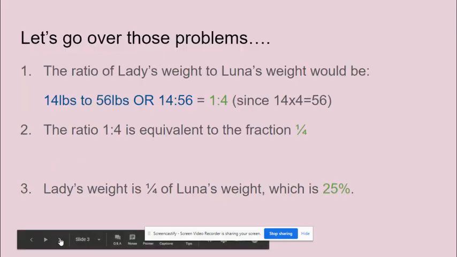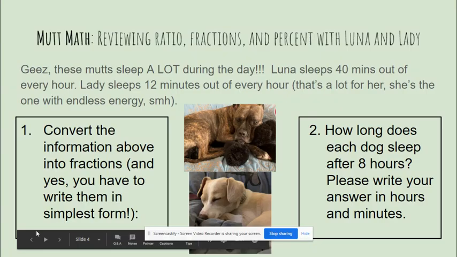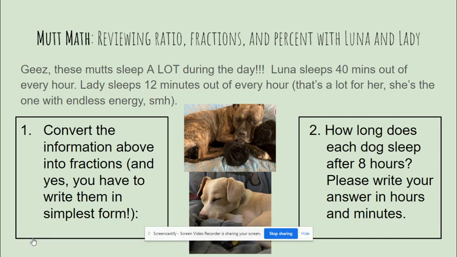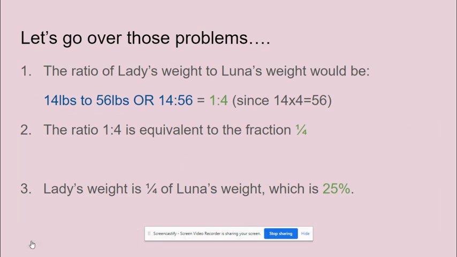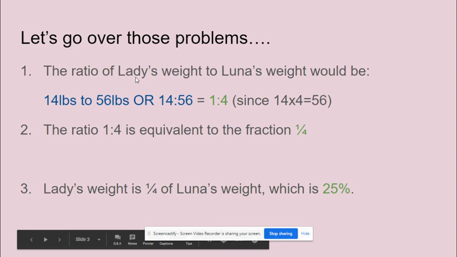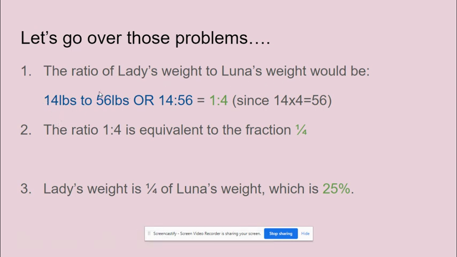So let's go ahead and look at this work here. Whoops, nope, go back. Okay, so let's go over those problems. The ratio of Lady's weight to Luna's weight would be 14 to 56 pounds, or it can be written as 14 and then the colon there.